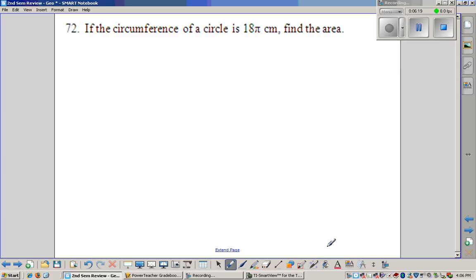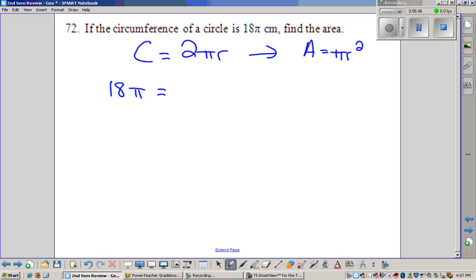And number 72. If they give us the circumference, can we find the area? Of course we can. We use the circumference formula, 2 pi r. Then we'll use the area formula, pi r squared. To find the area, we're going to need to find the radius. So from the circumference, which they've given us, we can calculate that. 18 pi is the circumference, equals 2 pi r.